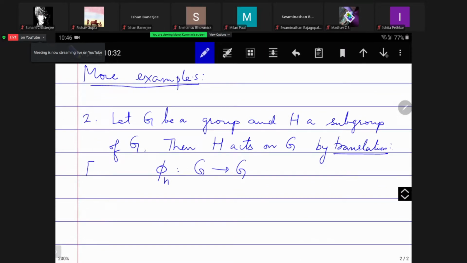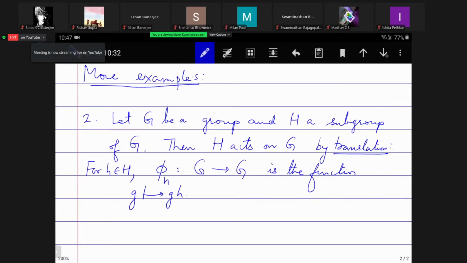For H inside H, phi of H from G to G is the function which sends G to G times H. So remember the given group is the set.